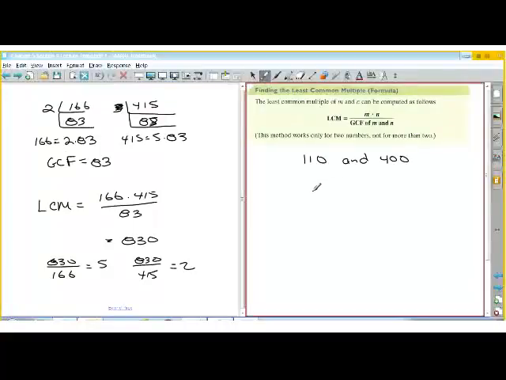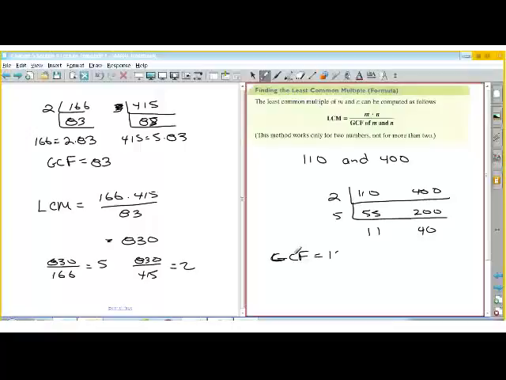So I'm going to do one more here quickly. I think we already did this, right? So you divide by 2, you get 55 and 200. And you can divide by 5, and you get 11 and 40. For the greatest common factor, you go until you can't divide by a common factor, which I can't at this point.